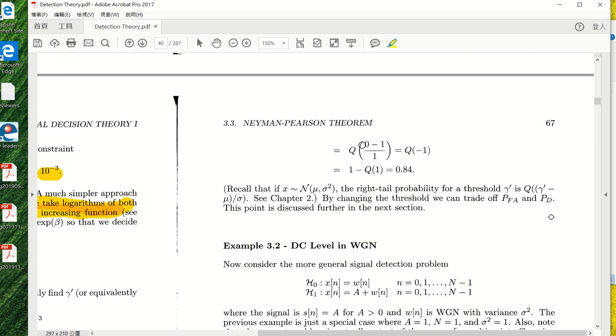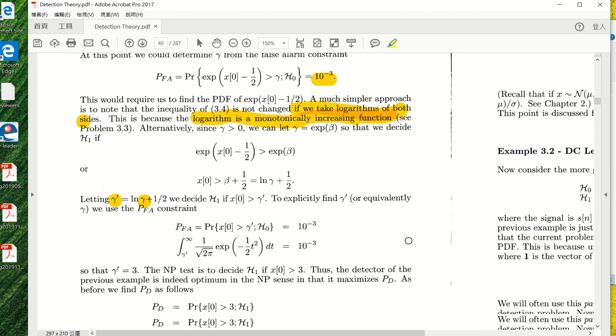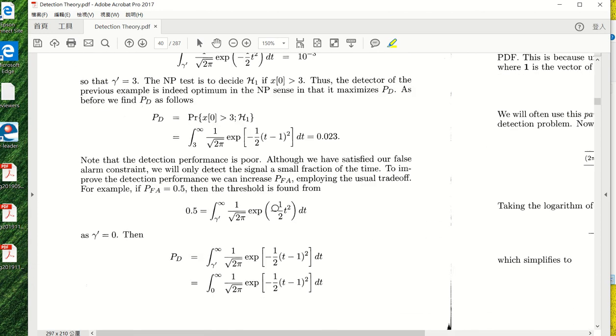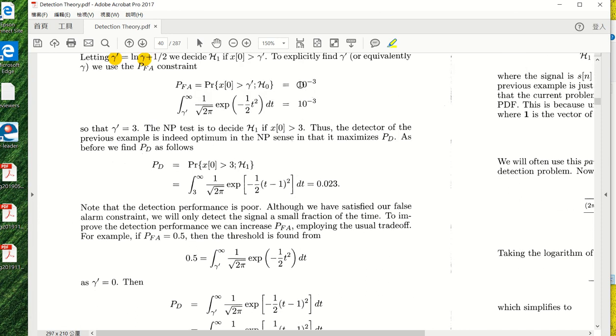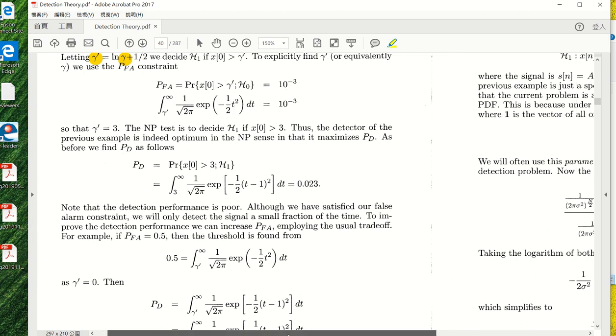It's a Q function of 0 minus 1 over 1, which is equal to Q of minus 1, which is equal to 1 minus Q of 1, so Q of 0.84. So you see, we have better PD. The reason is that we are accepting more PFA. Previously, we wanted it to be 10 to the minus 3. Now it's 0.5.